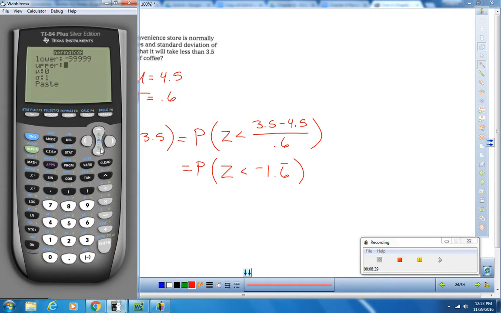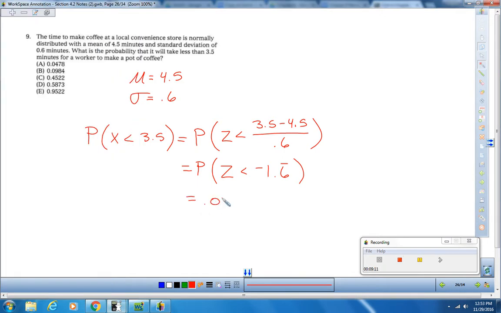My upper boundary is negative 1.6 repeating. So I'm just going to put 6s in there. That should give me the right answer. And then enter, and I get about 0.048, or 0.0478, something like that. If I look up here, that is letter A.